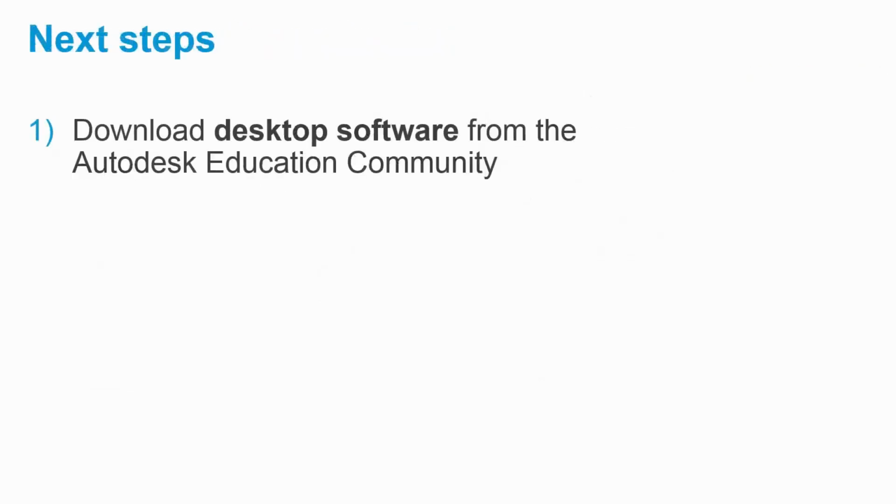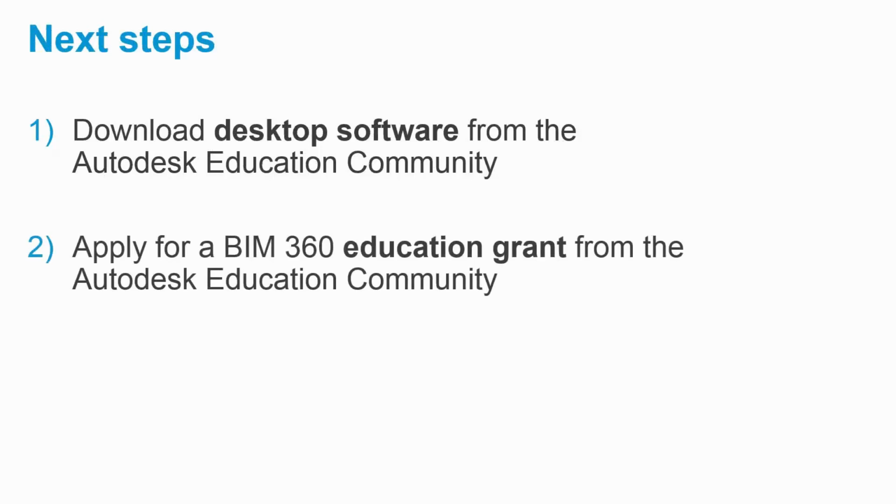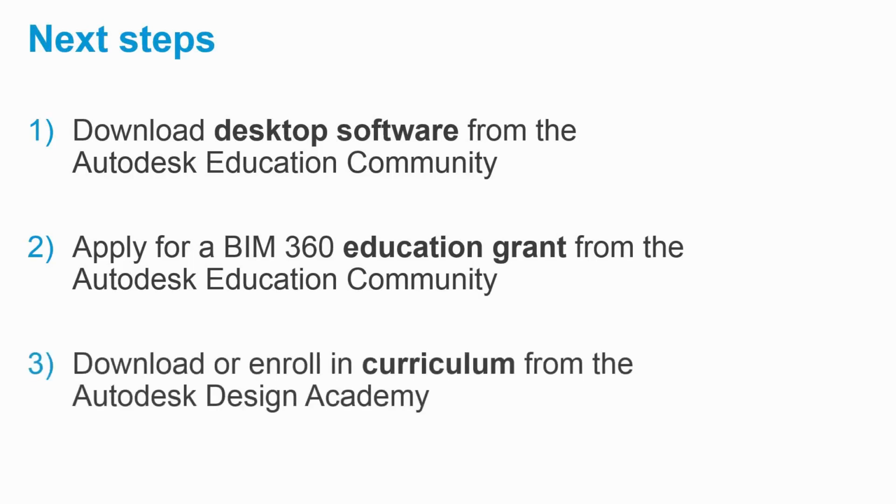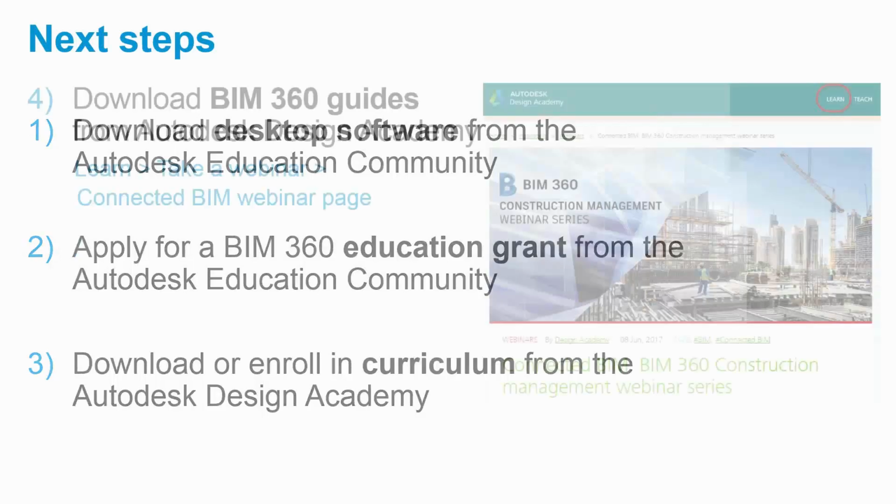So let me quickly wrap up with next steps. First item is to download our desktop software from the Autodesk education community. Apply for a BIM 360 education grant, which I'll share with you in the following slide in just a moment. Download and enroll in curriculum from our Autodesk Design Academy.